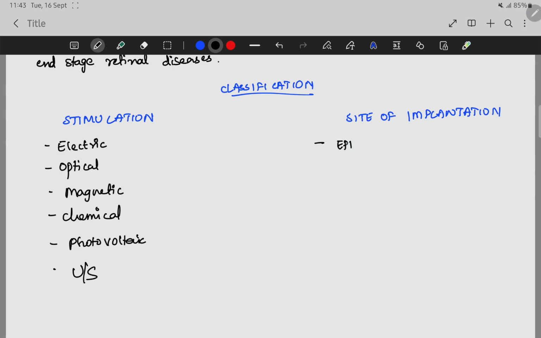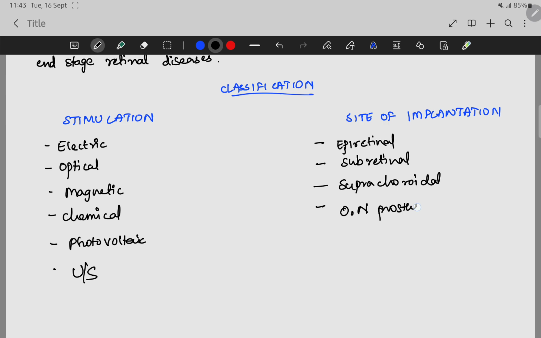Based on the site of implantation, we have epiretinal, subretinal, suprachoroidal, optic nerve prosthesis, lateral geniculate body prosthesis, visual cortex prosthesis.